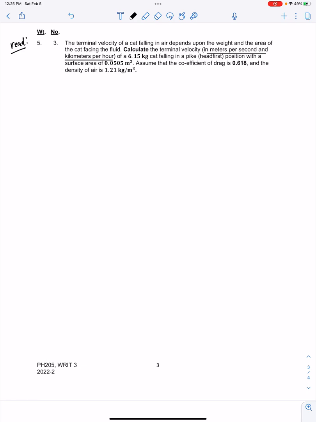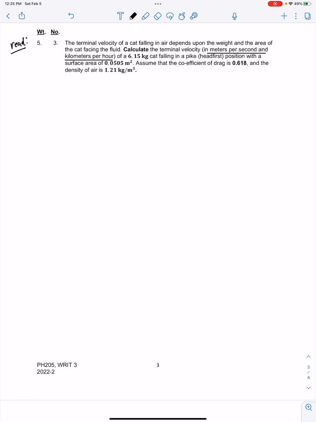Of a 6.15 kilogram cat, I hate using numbers, falling in a pike head first position with a surface area, so the area is 0.505 meters squared, assuming that the coefficient of drag is 0.618 and the density of air is 1.21 kilograms per meter cubed.